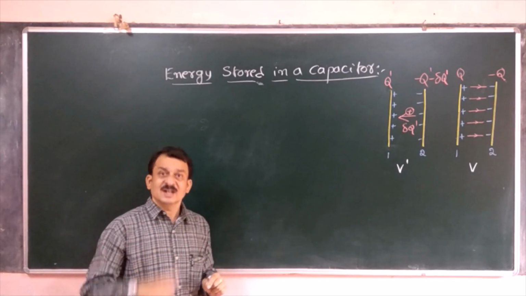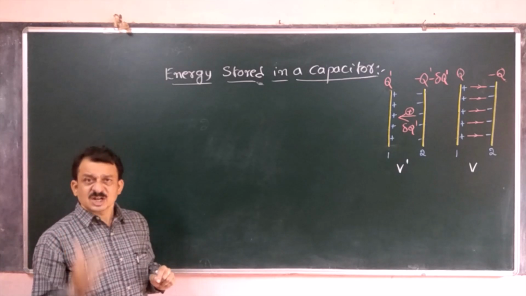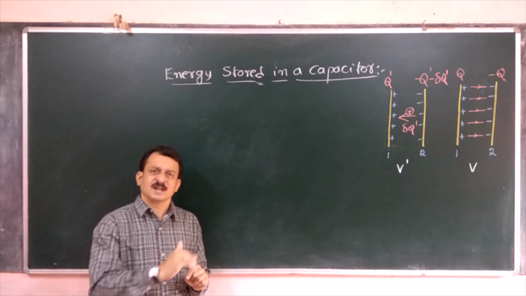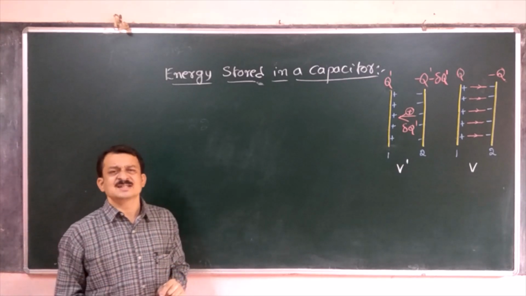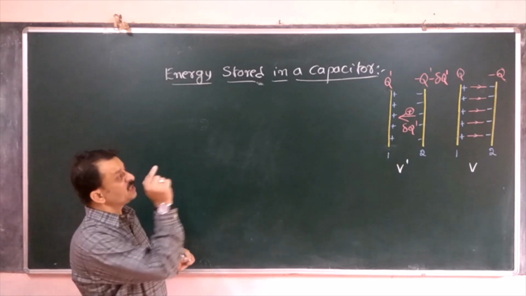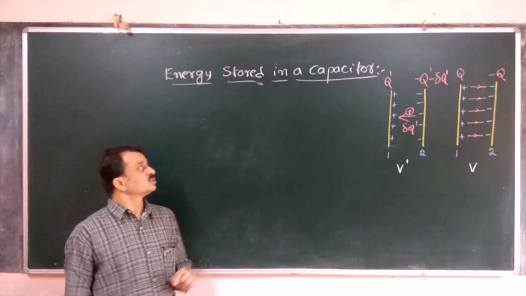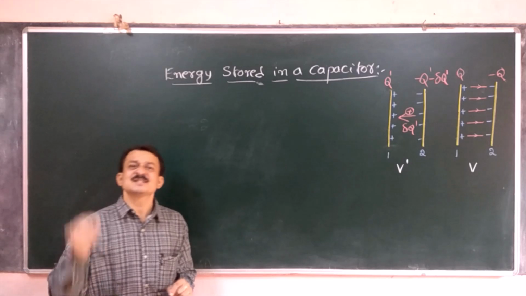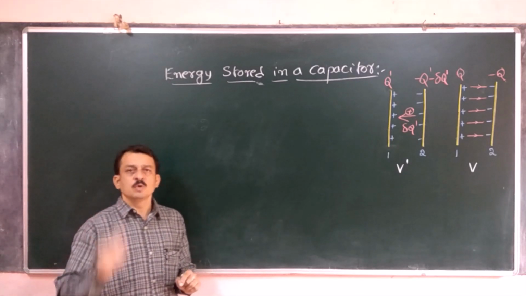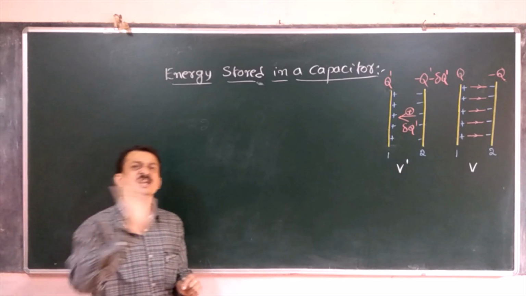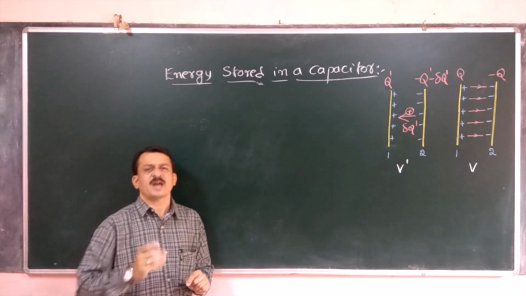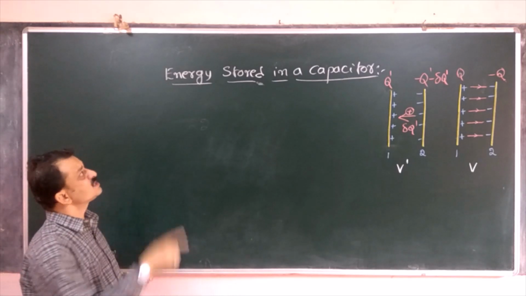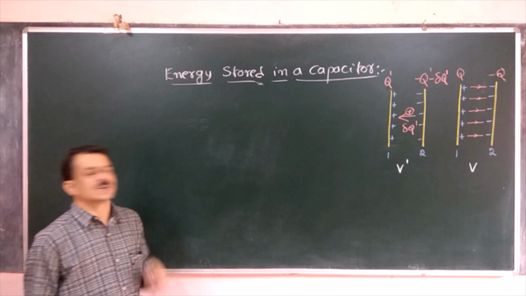The amount of work done in transferring the charge from one conductor to the other is stored as potential energy in the capacitor. So energy stored in a capacitor is the work done in moving the charges from one conductor to the other, stored as the potential energy of the capacitor.